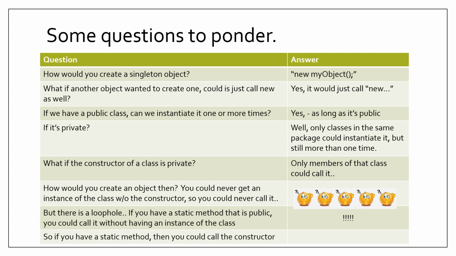But here's the magic of the Singleton class. That static method, which would not be associated with any object and would be available even before any object was created, could prevent you from creating a second one. In other words, it could be kind of a gatekeeper to the constructor.